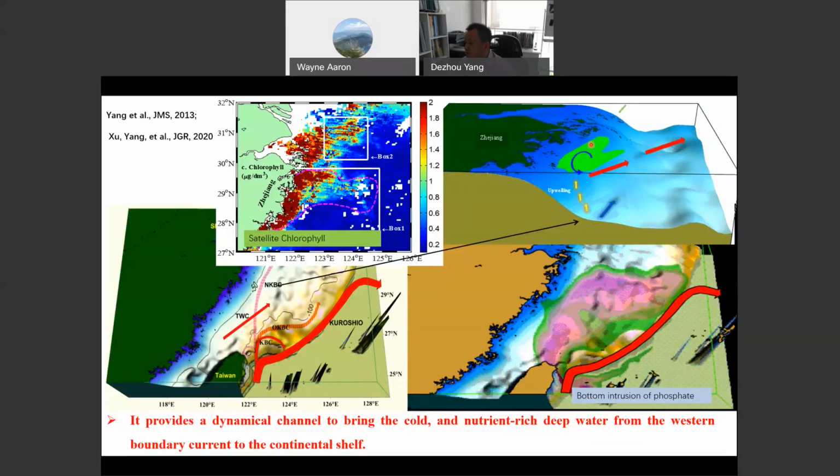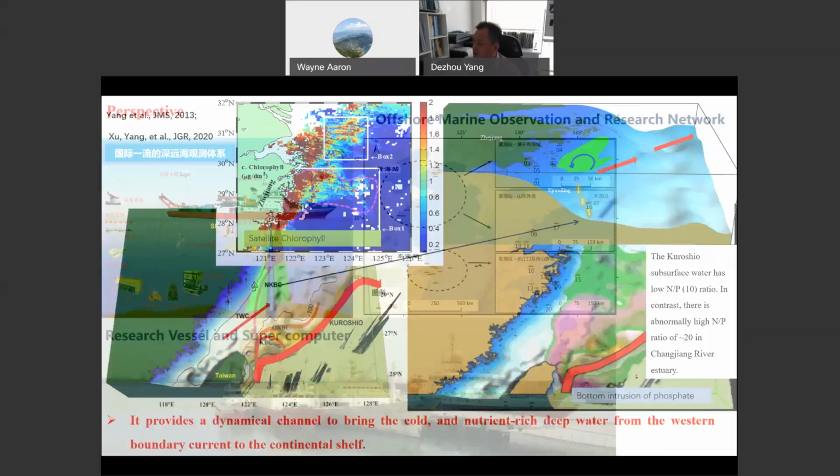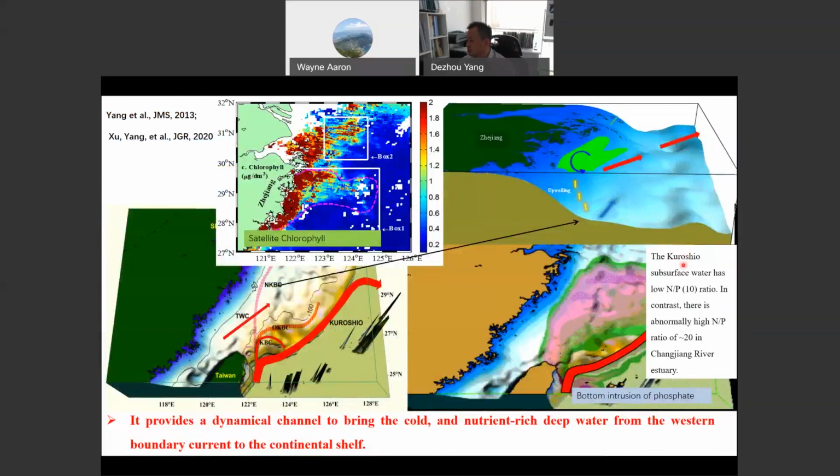So the phytoplankton can grow in the upper layer because there is lots of phosphate transported from the bottom water by the very strong upwelling. Because the Kuroshio subsurface water has a low N:P ratio, it can well remedy this high N:P ratio in this area.